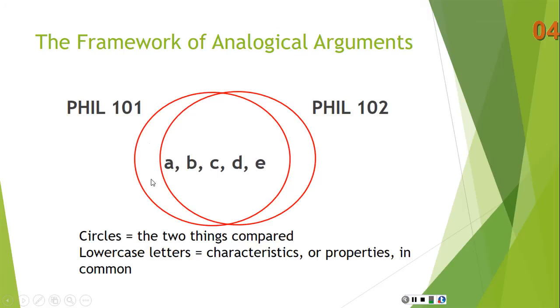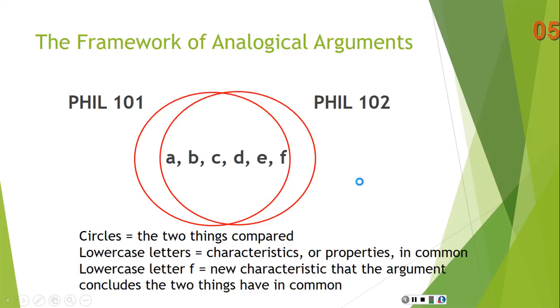A is not something that's had by Phil 101 but not Phil 102. A is not something that's had by Phil 102 but not Phil 101. All the characteristics A through E are shared by both Phil 101 and Phil 102. And then you infer that F is within this area.